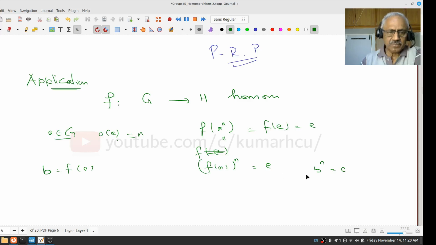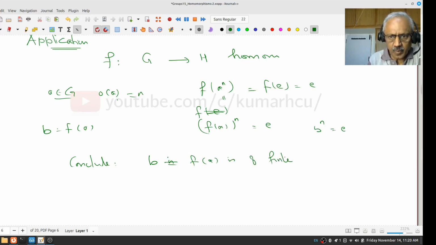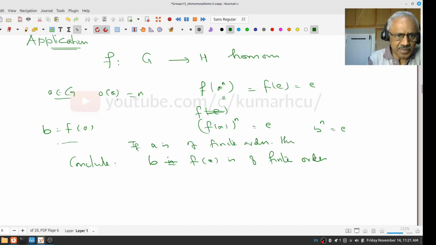So what is the first observation I can make? We conclude b equal to f of a is of finite order. If a is of finite order, then b is of finite order. Is this statement clear?